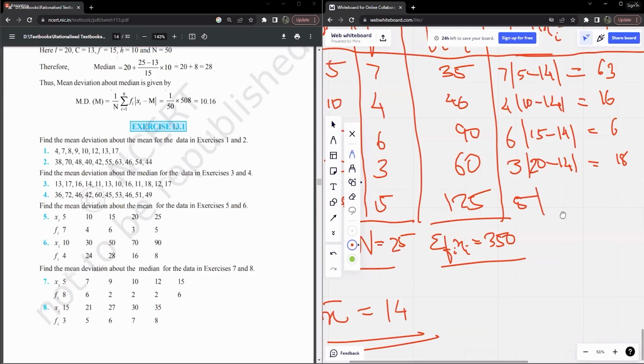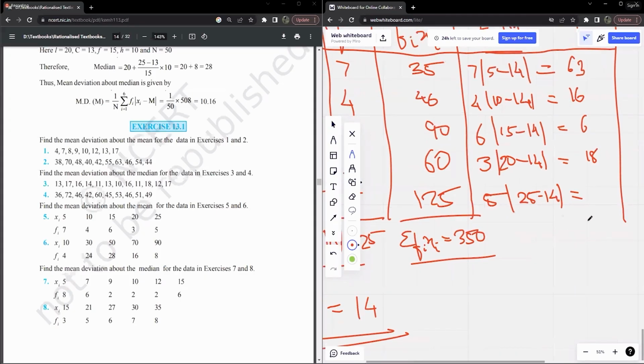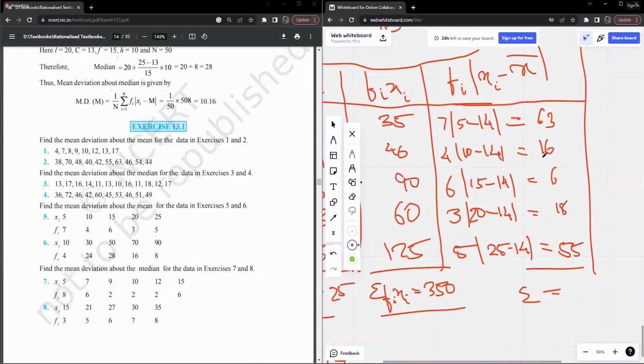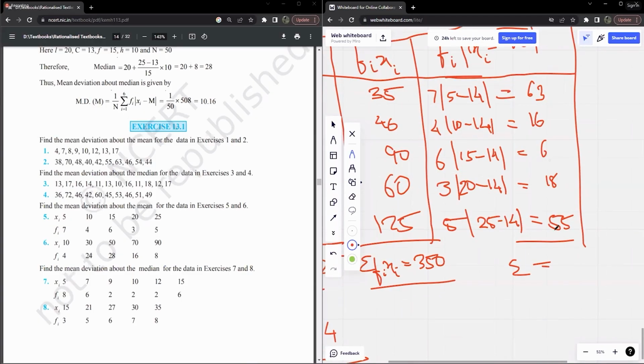That is 5 into 11, that is going to be 55. Summation of all this: 63 and 16 gives me 79, this is going to be 85, 85 plus 5 is 90, 90 plus 50 is 140, 140 plus 18 is going to be 158.